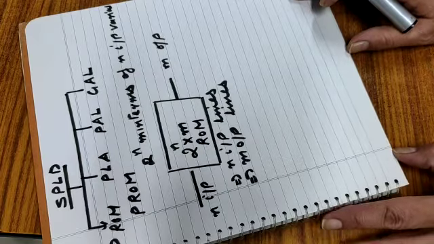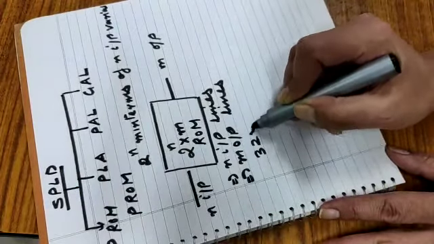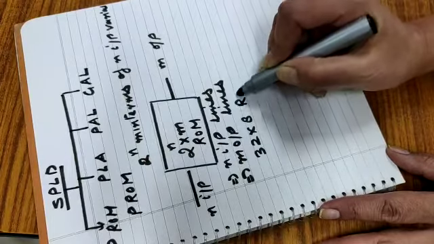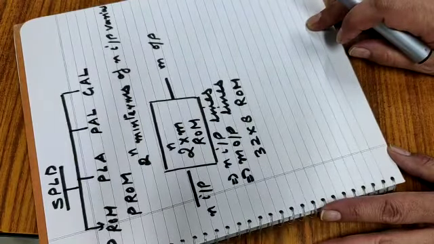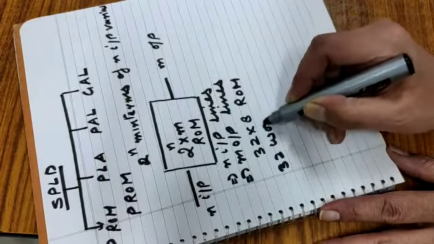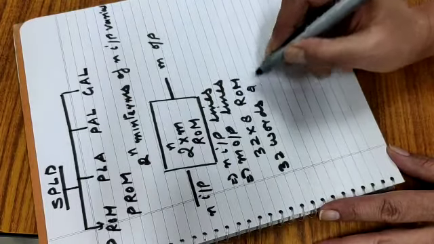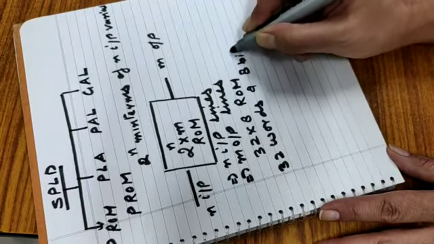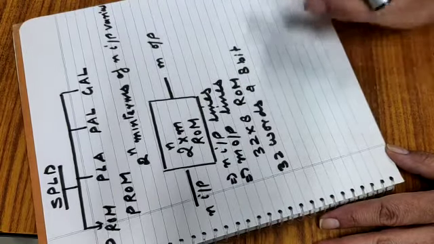Let us consider a 32 x 8 ROM. A 32 x 8 ROM means this unit consists of 32 words, and each word has 8 bits of information.